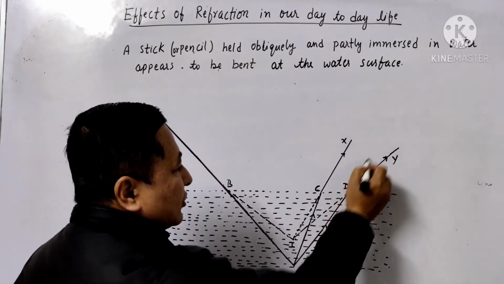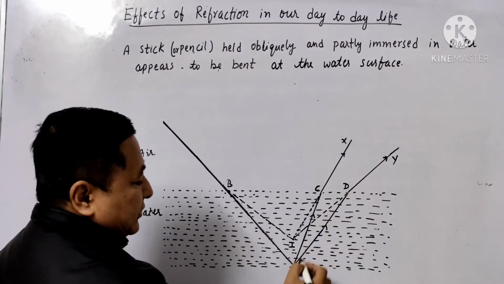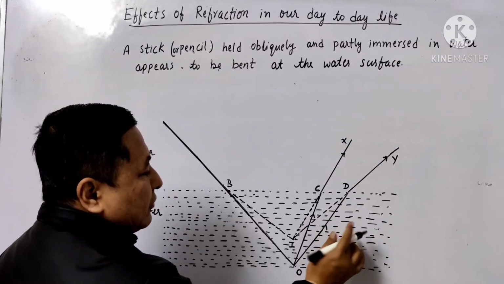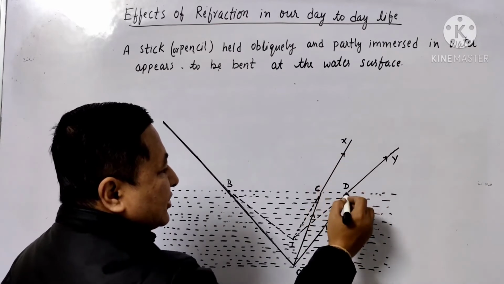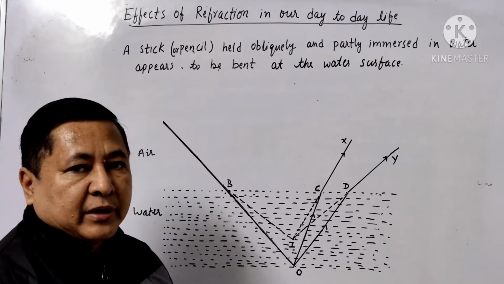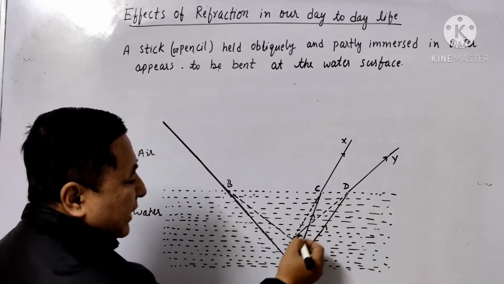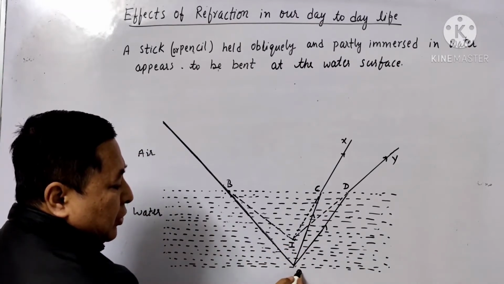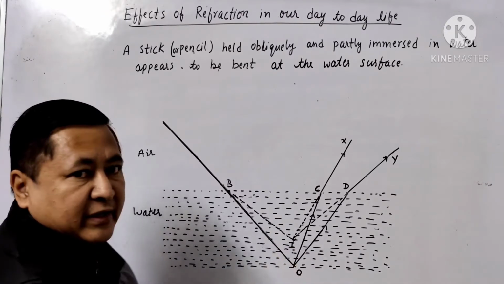As you can see, instead of going straight, it bends away from the normal. So these two rays, OC and OD, when going from water to air, bend away from the normal in the direction of CX and DY. These two rays will not meet each other, but they appear to meet if we produce them backward. So the image of the point O is formed here, which is virtual and erect.